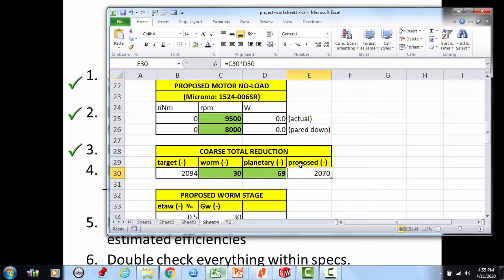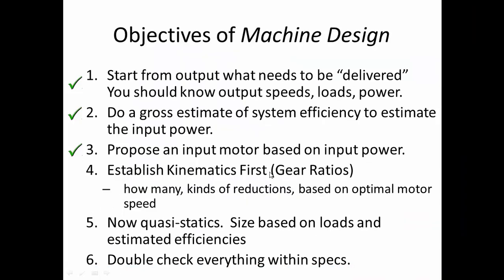So this is what I'm proposing: kinematically a linkage between the motor running at 8,000 RPM and the output fingers running at about 3.8 RPM. So we've pretty much established what we want kinematically between the proposed motor and those fingers.